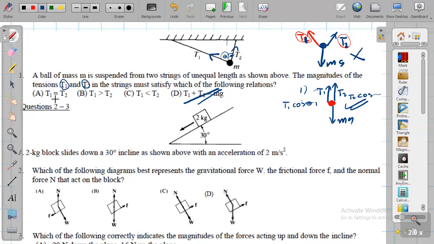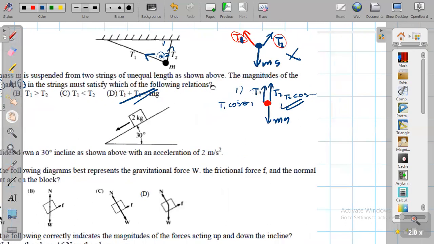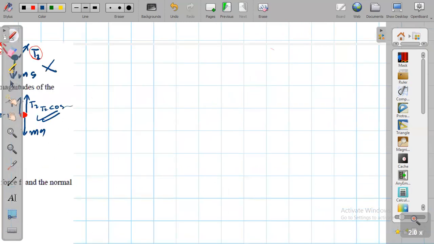Now, if T1 and T2 were equal, it is definitely not going to be the same thing. Because why? Have a really good look here. I will go for some numerical answer. 20 root 3 at 30 degrees, and it is a 60-degree angle here.